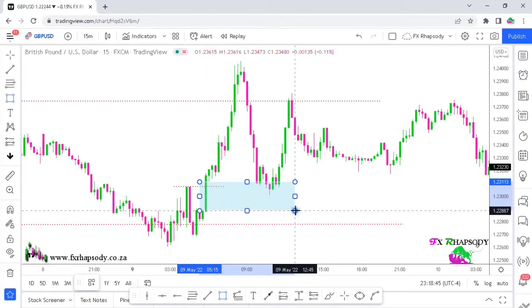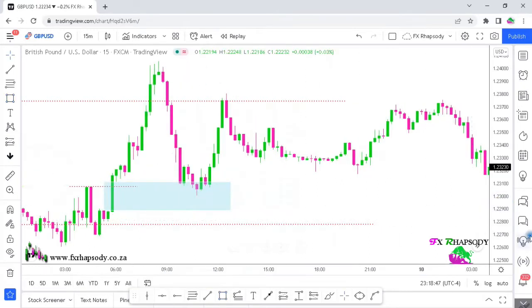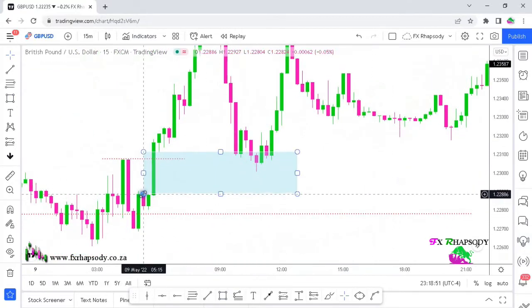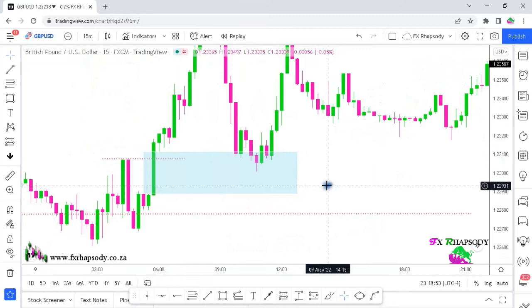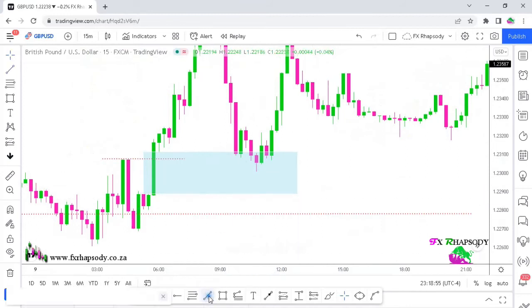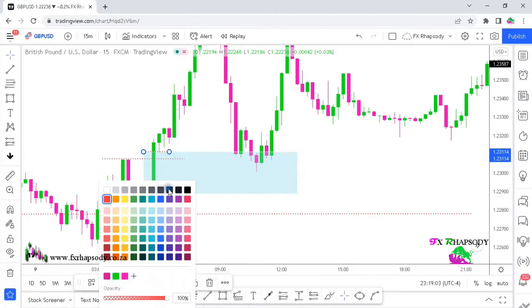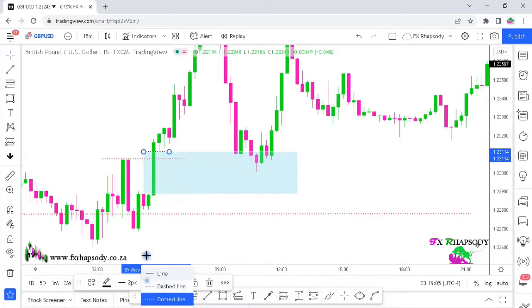You extend it, because you don't know when and where price is going to come into this block. Now that gap area, that fair value gap area, is going to be between, let me make this another color, it's right there, let's make it a straight line.